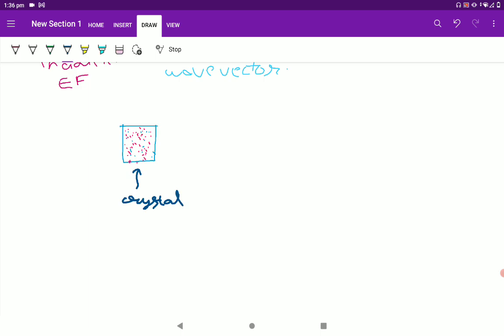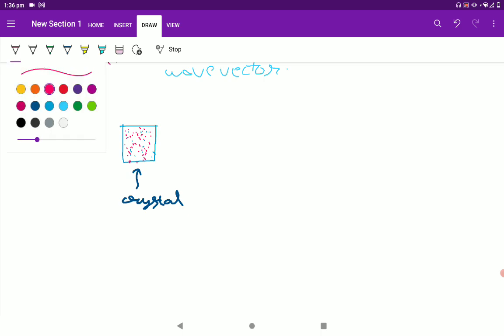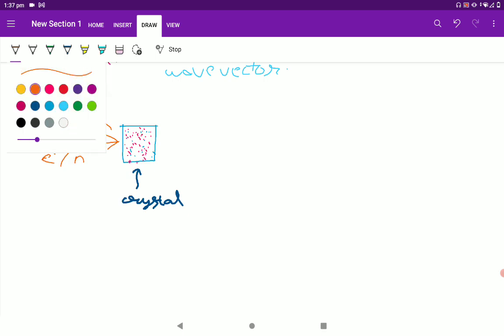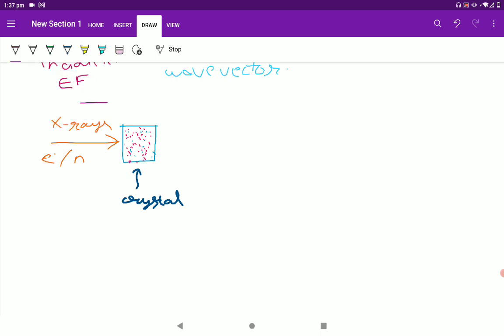We have a probe here, that is X-rays or electrons or neutrons, and the direction of the incident wave vector is in this direction, that is k_i. And we have diffraction here at some theta angle, and we have the detector here.